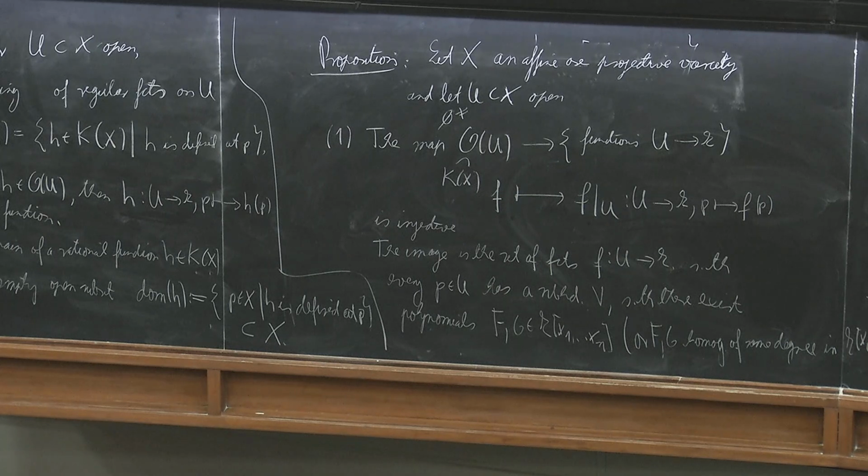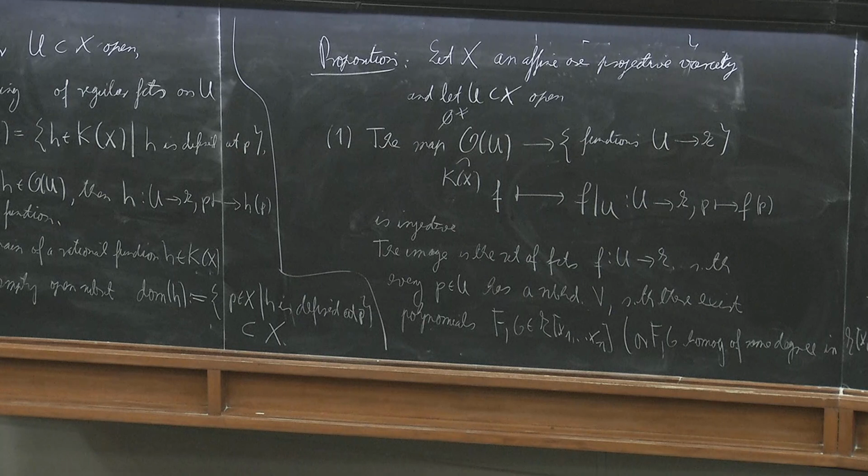Now, if this f restricted to U is 0, then obviously f restricted to V is 0.